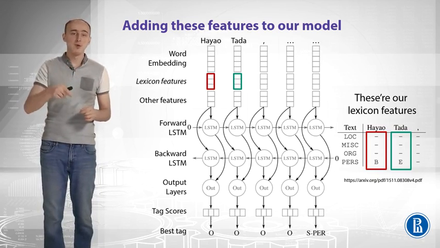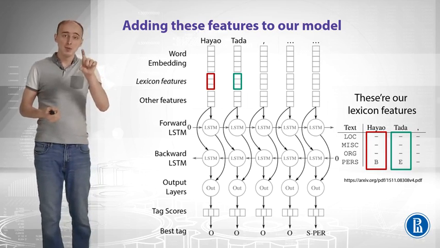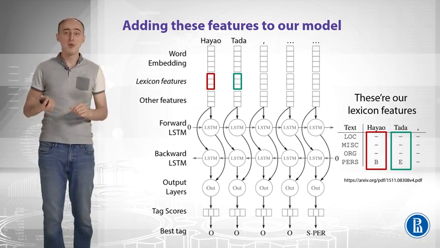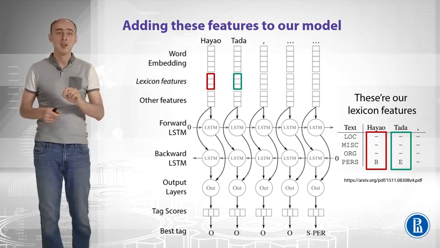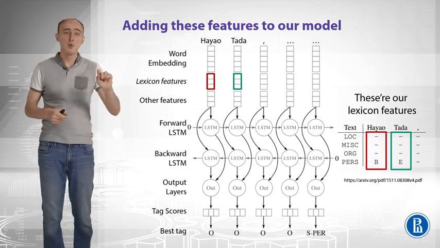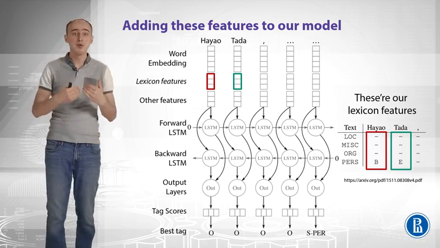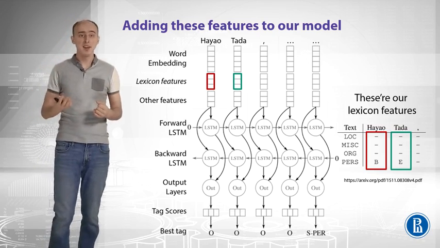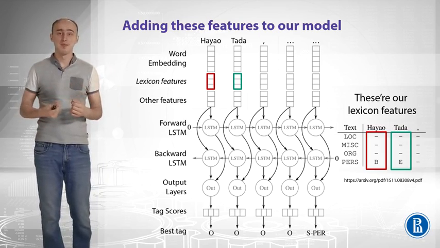Let's take the first two words, take the column that corresponds to the word, and use one-hot encoding to convert those BIOES letters into numbers. We will concatenate that vector with the embedding vector for the word, and use it as an input for our bidirectional LSTM, let's say. And this will predict tags for our slot tagger.